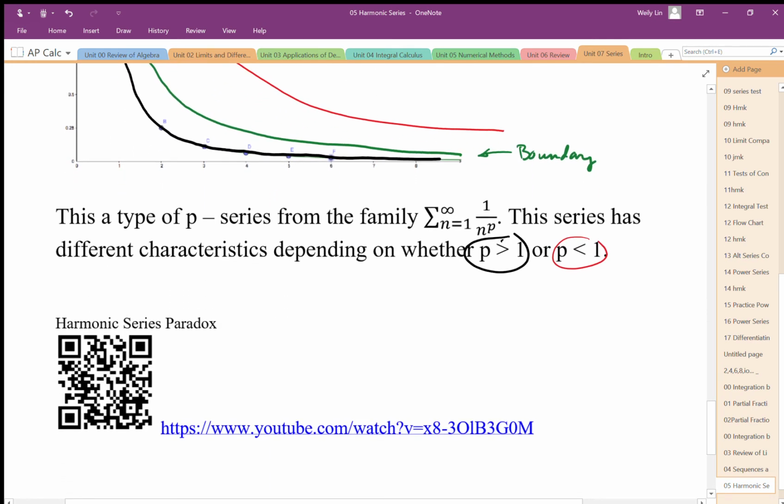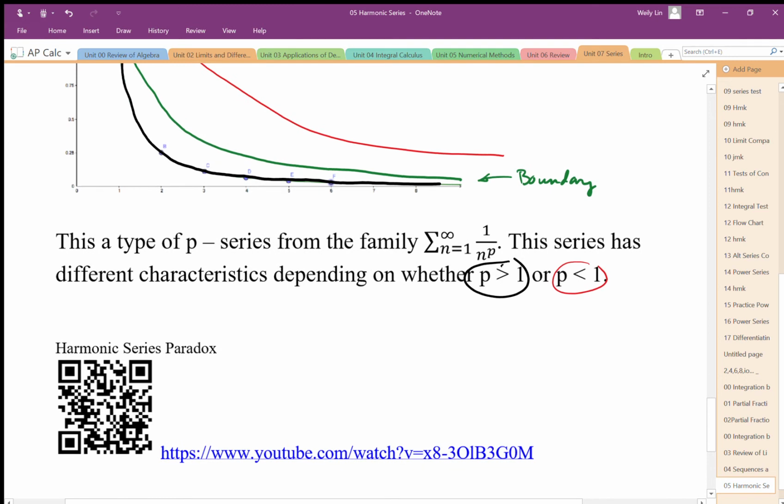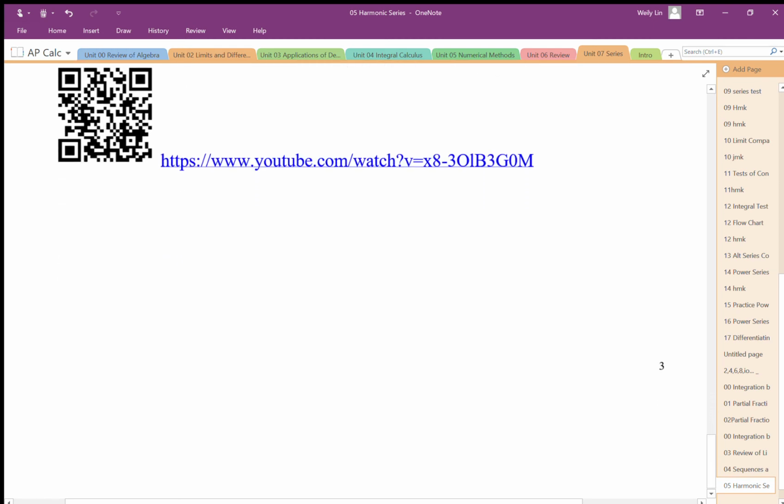So this leads to a paradox, the harmonic series paradox. You can watch the video as well, but if we actually draw this out like this, okay, we have 1, and this length will be 1/2 in here.